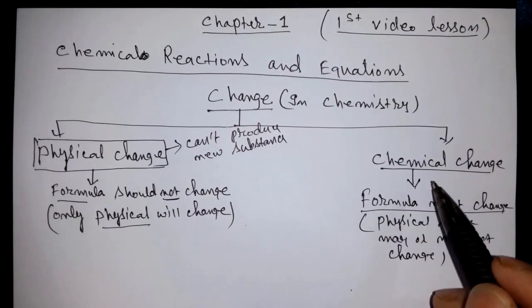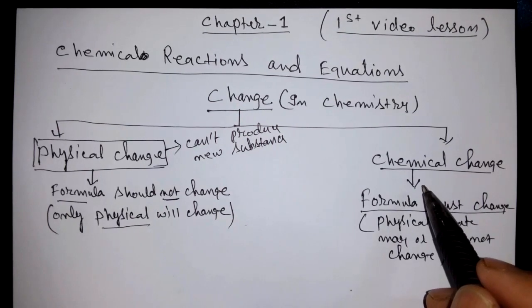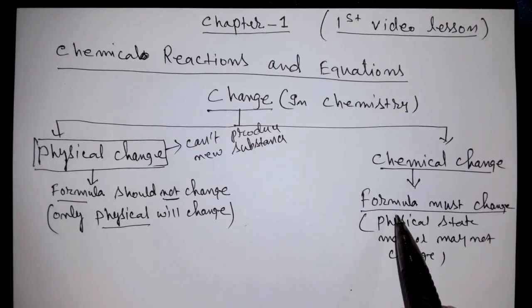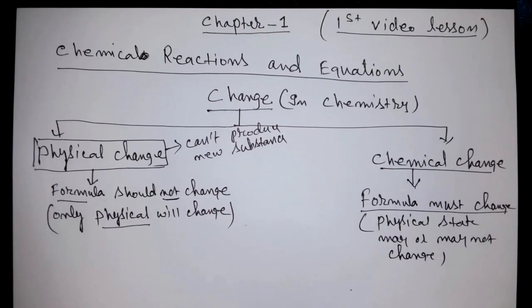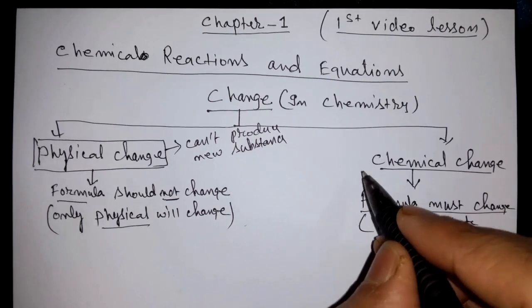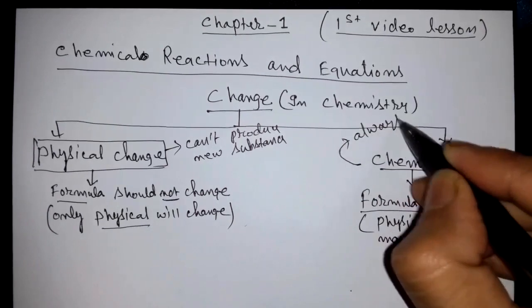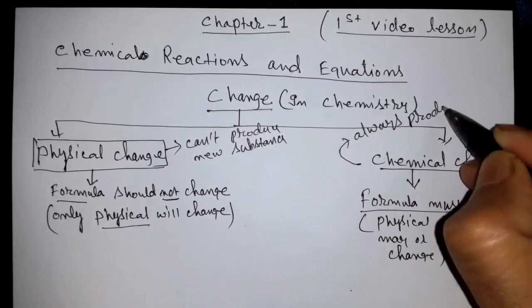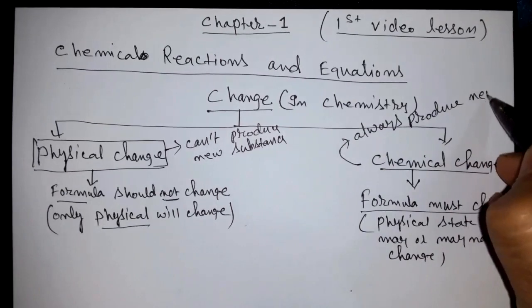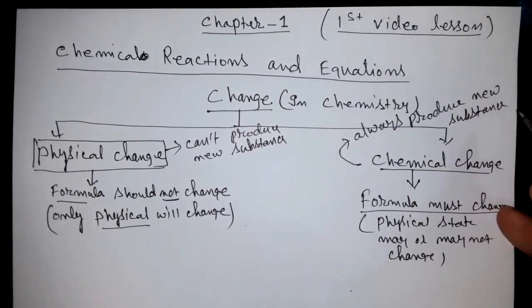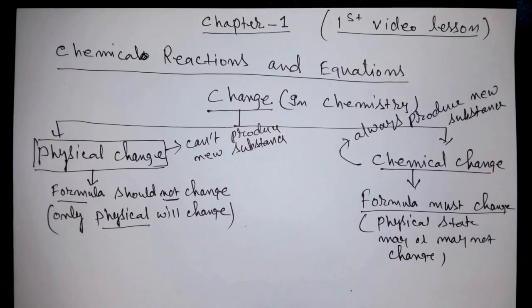And whenever chemical change takes place, then always new substance will be produced, because whenever the formula changes, then the new formula which will come out will produce new substance. So chemical change always produces new substance with new formula.